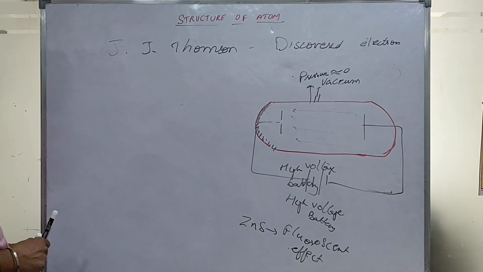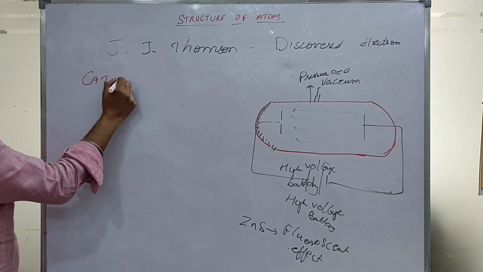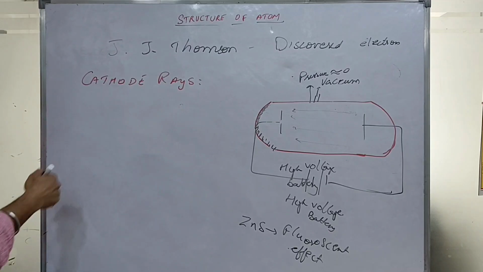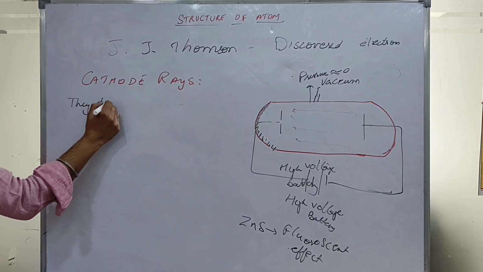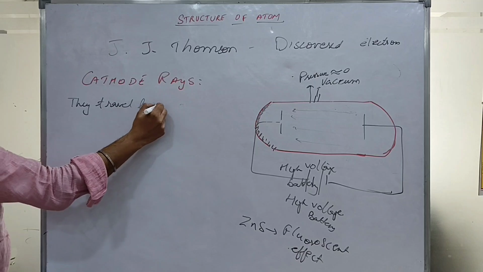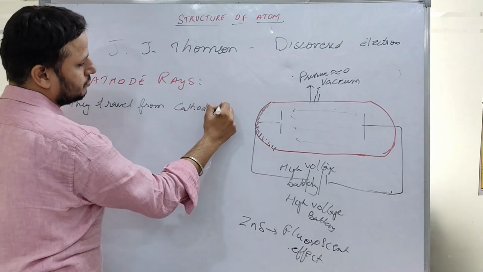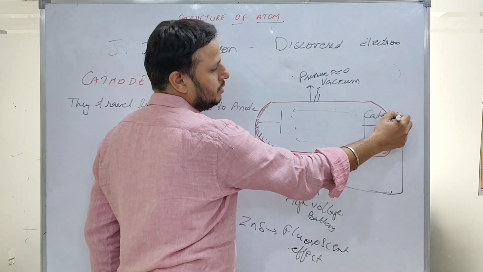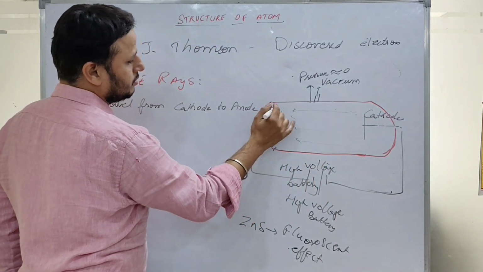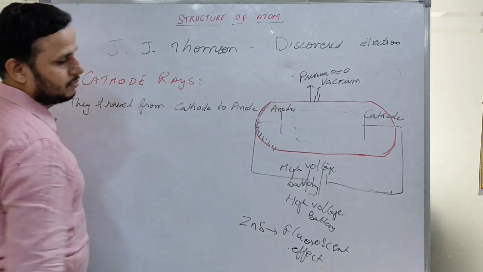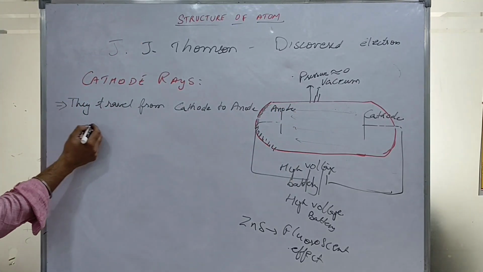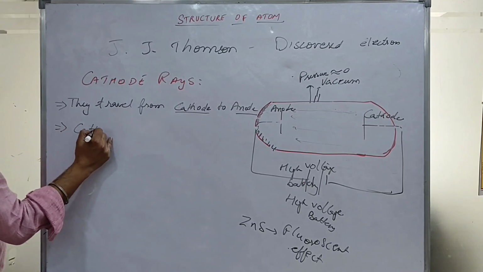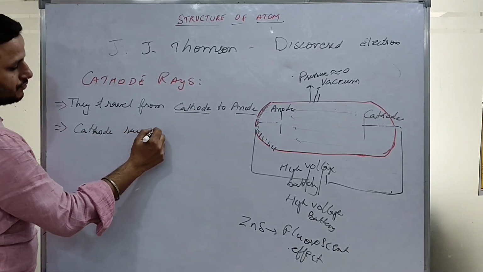He named the rays as cathode rays, as they travel from cathode to anode. The rays were traveling from negative terminal to positive terminal, cathode to anode. Since these rays travel from negative to positive, cathode rays are negatively charged.